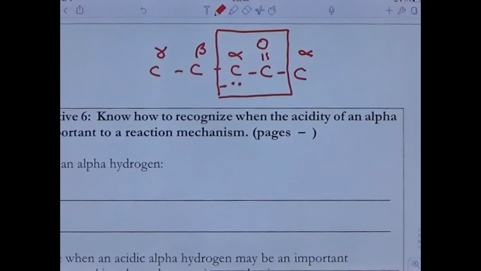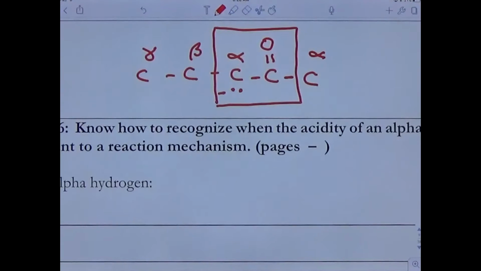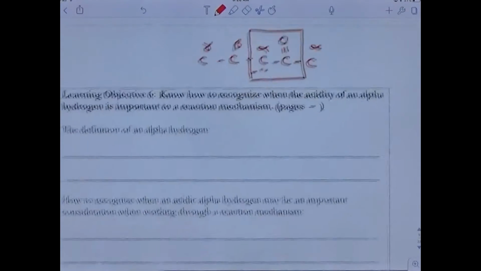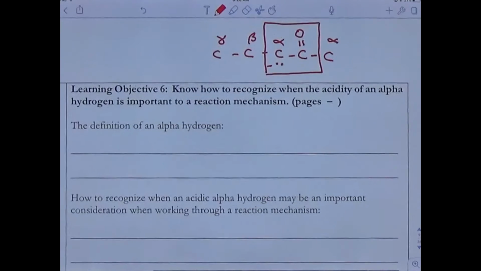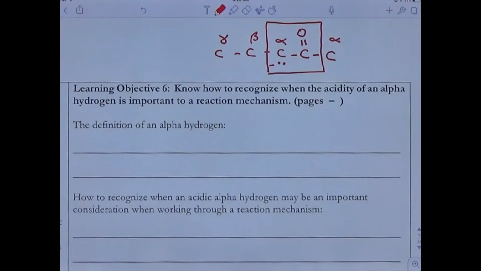So if you see a carbonyl carbon, you want to keep that tucked in the back of your mind as something that could happen. It's going to be very difficult to make that happen because although it's somewhat acidic, it's not wildly acidic.